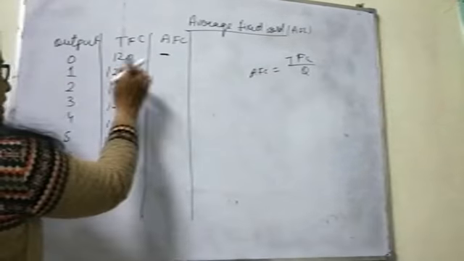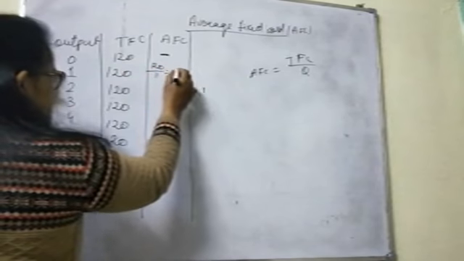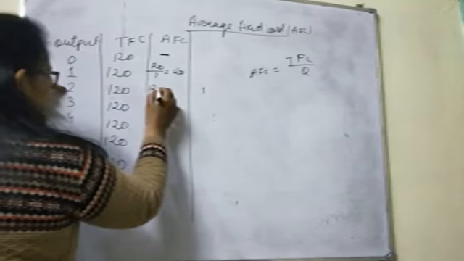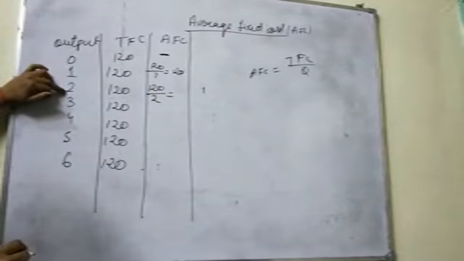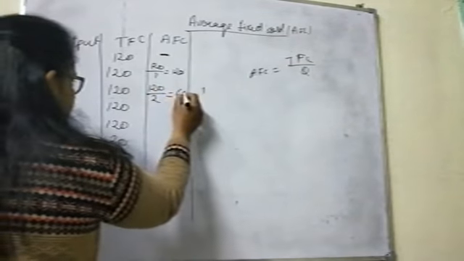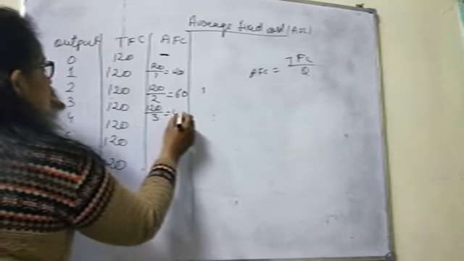Then we'll write 1. Next one will be 120 divided by 1, so we'll get 120. Then 120 divided by 2, we'll get 60. Then 120 divided by 3, 40.